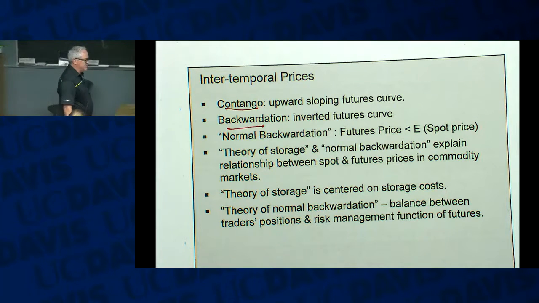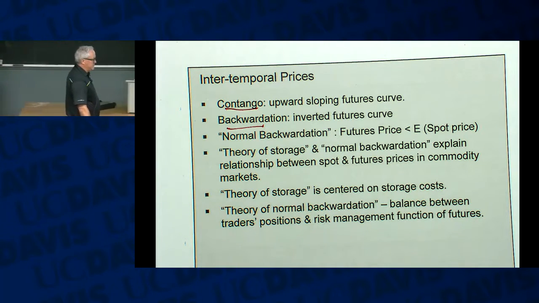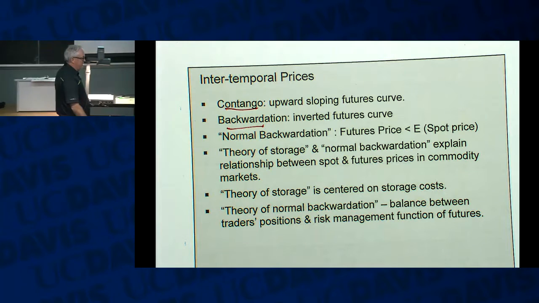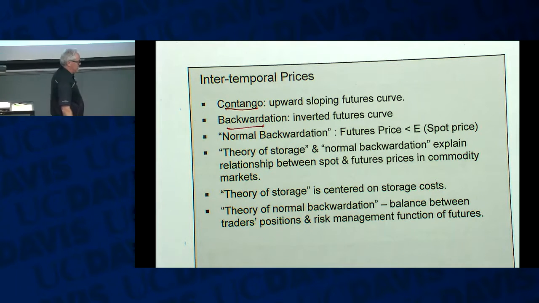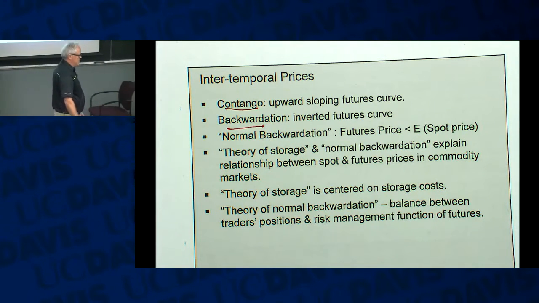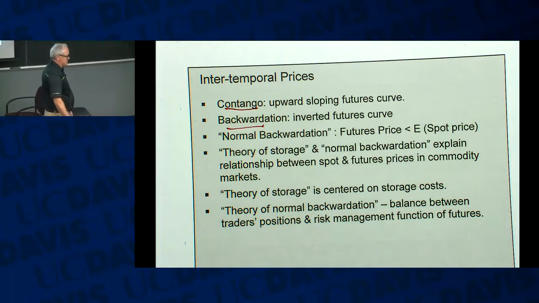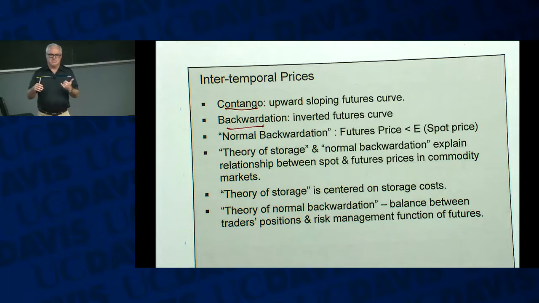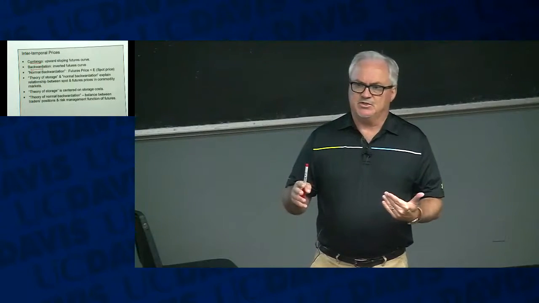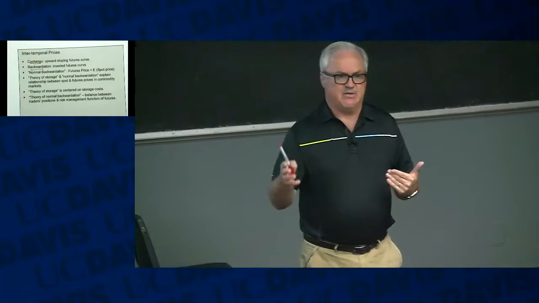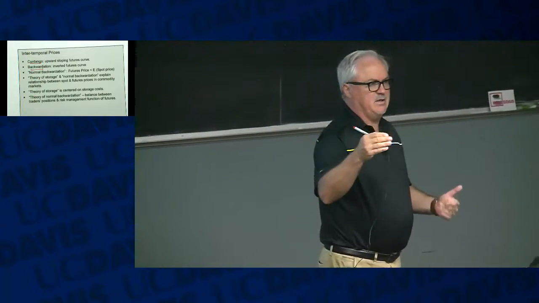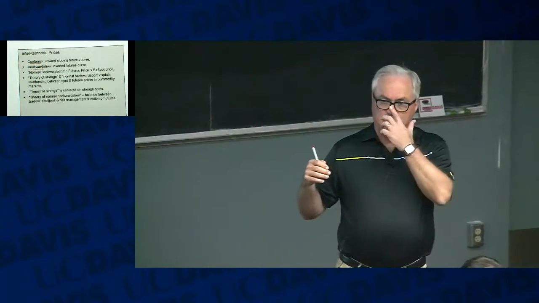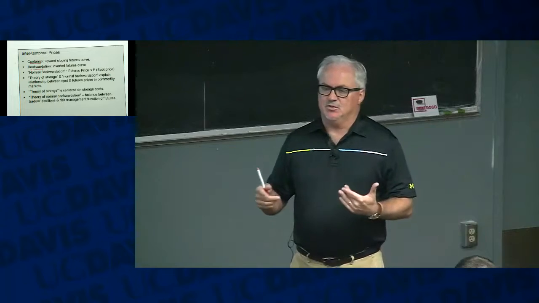When you have an inverted market, the market isn't paying for storage. In a contango, you can view the price spread between the spot and the futures, or two different futures, as a price of storage, because you can buy one and sell the other and carry the commodity forward. And you can lock in that return for storage.